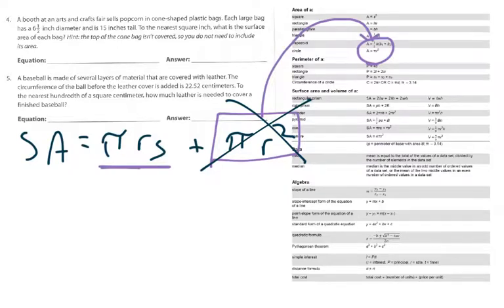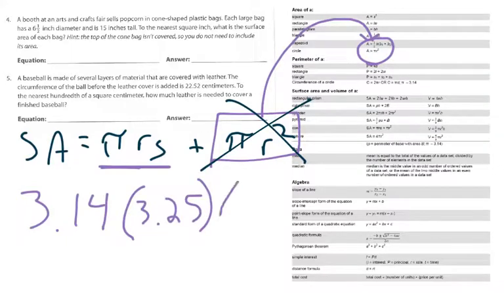So, for pi, we put 3.14. And it says our diameter is 6.5. So, we don't want the diameter, we want the radius, which is half of that. So 6.5 divided by 2 is 3.25, and then times s, so times that slant, or that height.